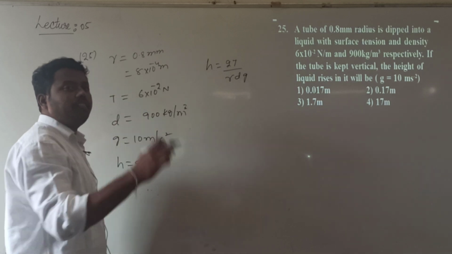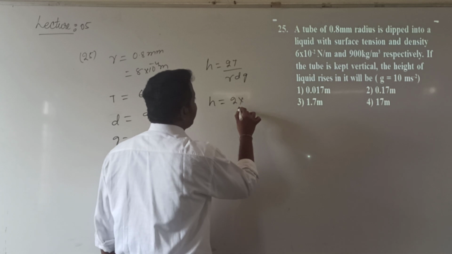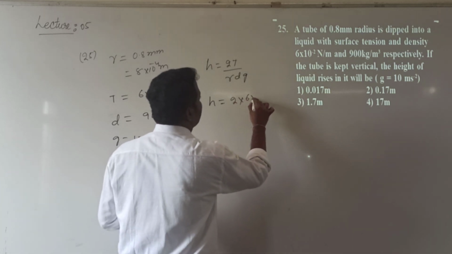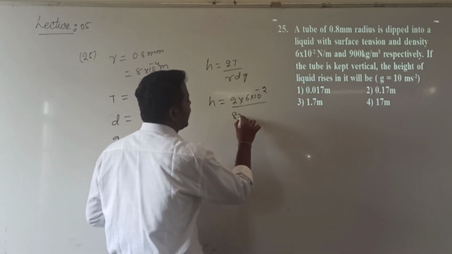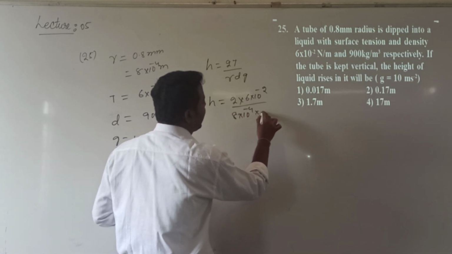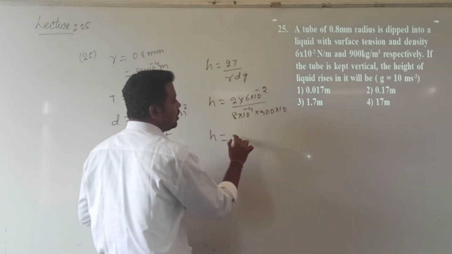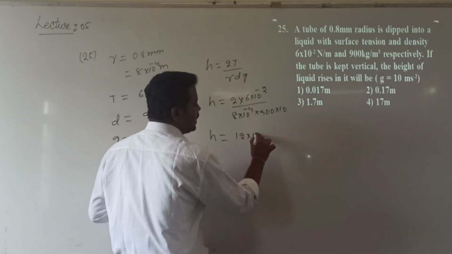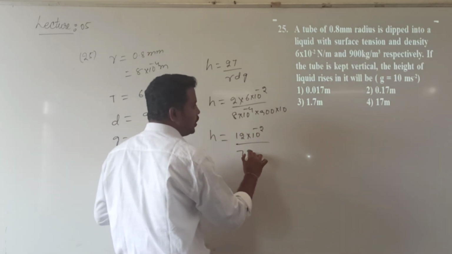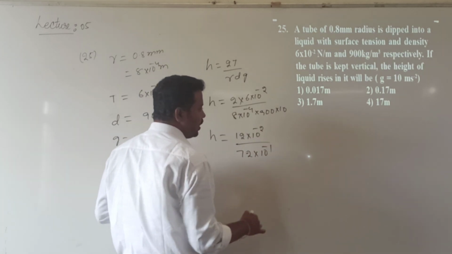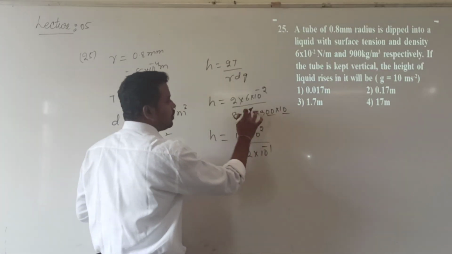Whenever theta is not given, we will take cos theta value is equal to 1. Then H value is equal to 2 into T value, how much? 6 into 10 to the power of minus 2 by R value 8 into 10 to the power of minus 4 into 900 into G value 10. So H value is equal to 12 into 10 to the power of minus 2 by, 8 9s are 72 into 10 to the power of minus 1, right? 10 power 3 here and 10 power minus 4.